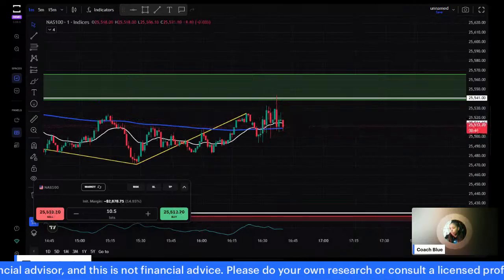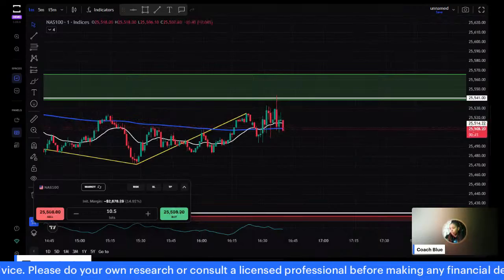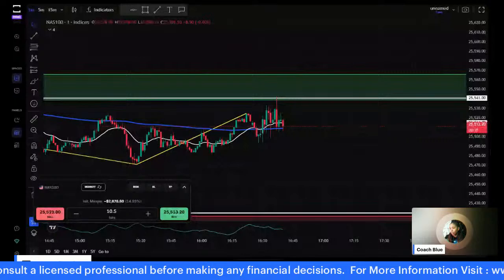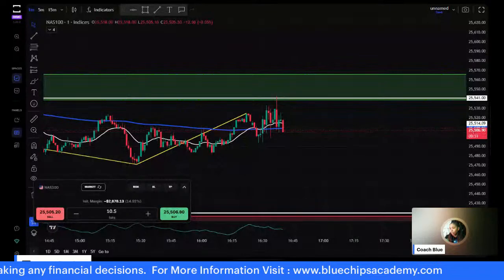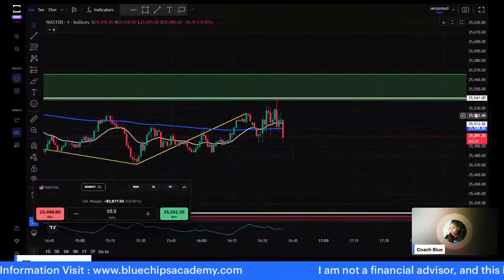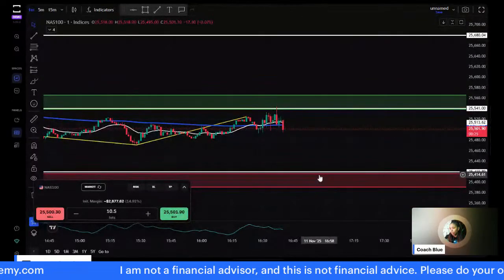Yeah, it looks like we're getting rejected, guys, and moving towards the downside. So I'm just going to go ahead and set my basic price breaks past my buy zone, which is this key level at 25,541. And my sell zone is at 25,419. So those are my two levels for possible entry here.